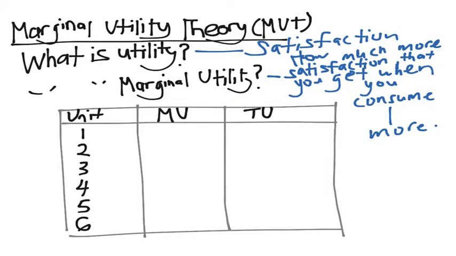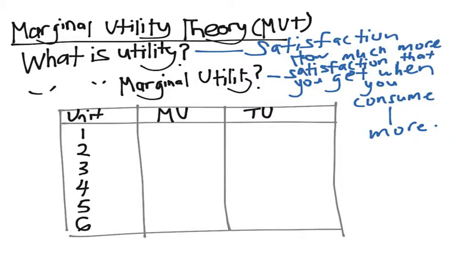This is similar to when you are making a decision on what to buy or what not to buy. You'll most probably be thinking, how satisfied am I if I have this product, or how satisfied am I if I have that product, right?